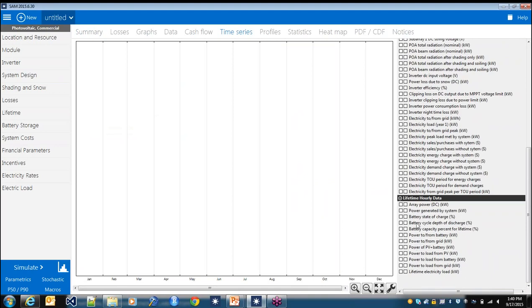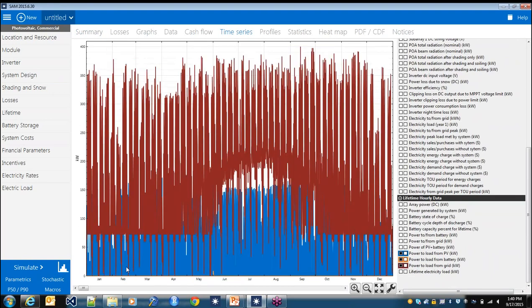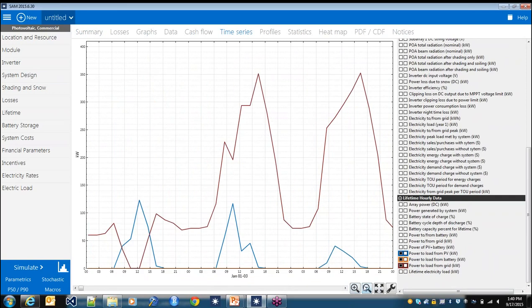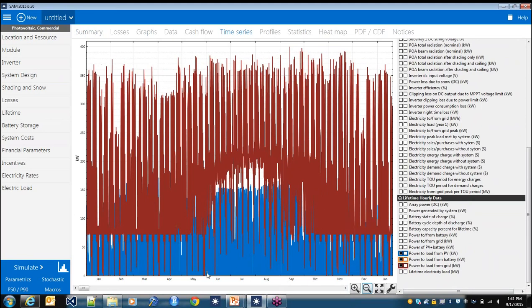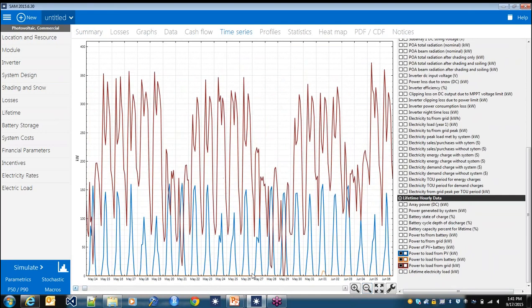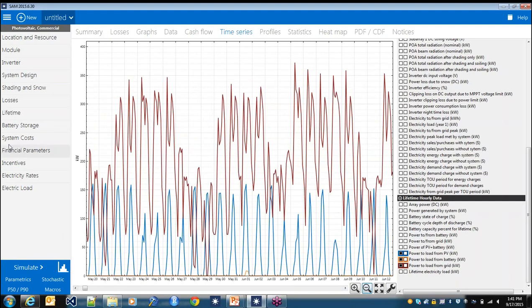We have some outputs here, and I like to look at this. If I recall, we're only discharging a few months of the year, so you don't actually see any power coming from the battery most of the time.